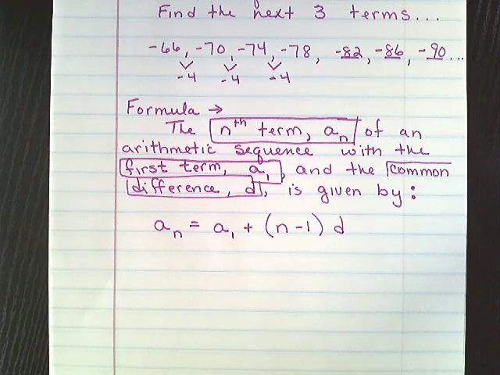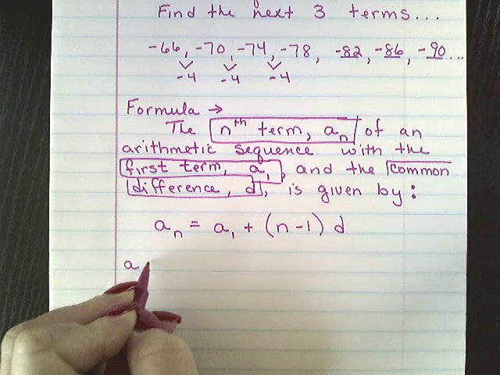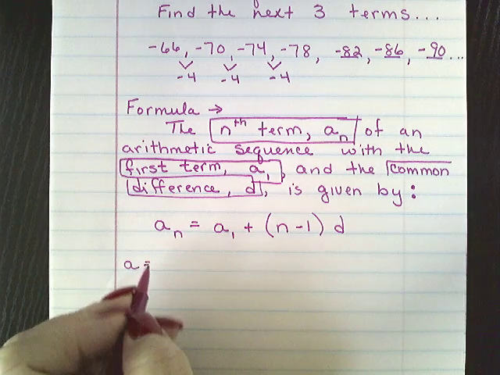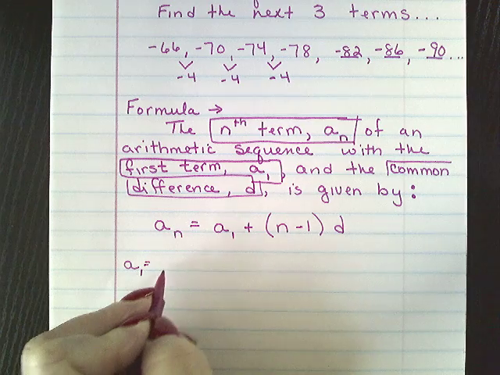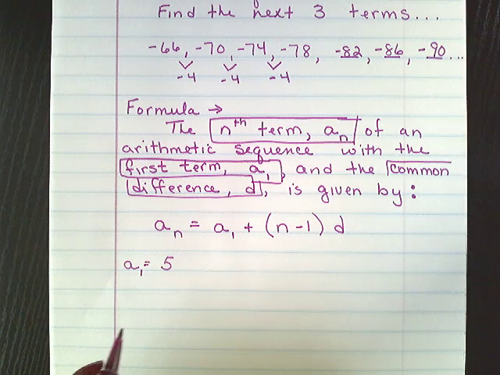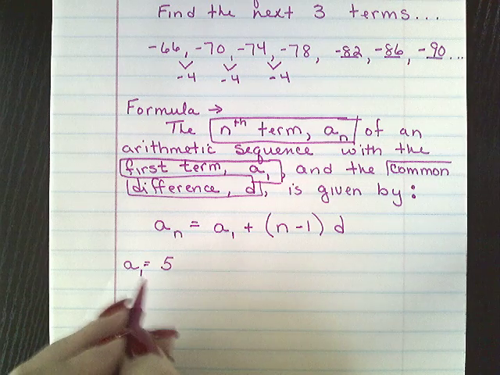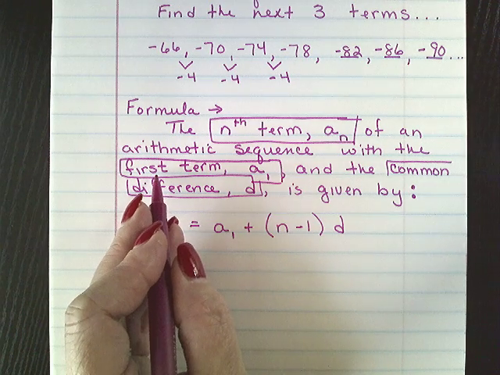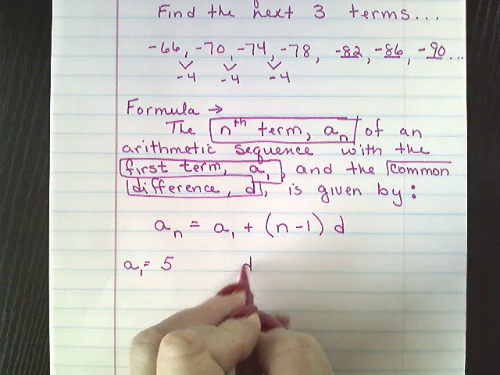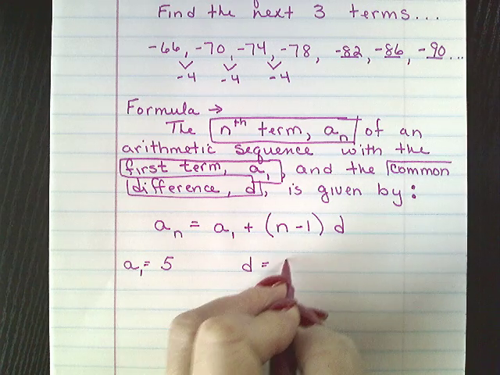Okay, so we have a subscript 1 is equal to 5. That's our first term in the sequence. The difference d is equal to 5.